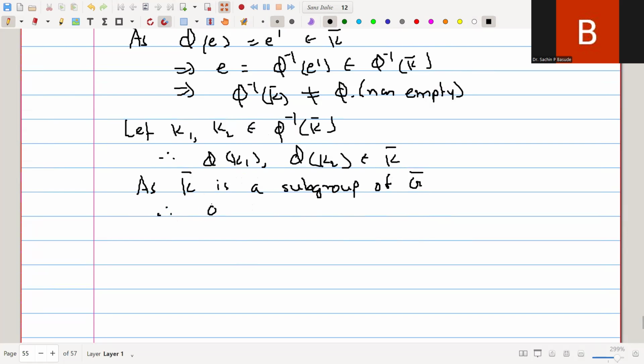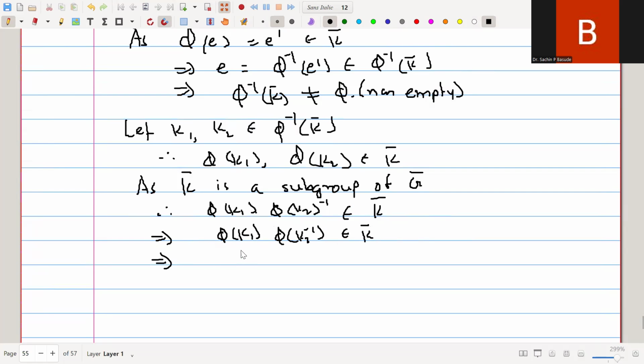Therefore, phi of k1 into phi of k2 inverse belongs to k bar.